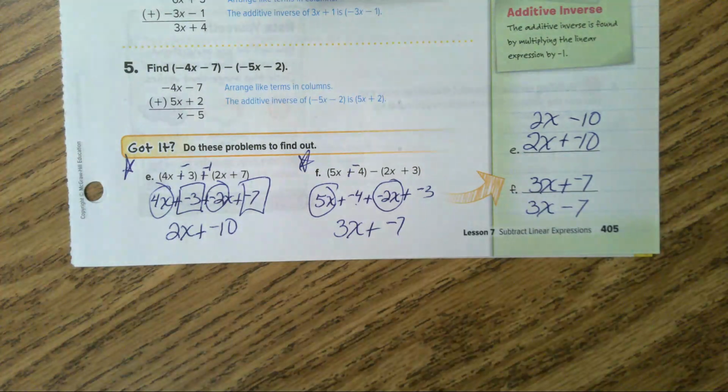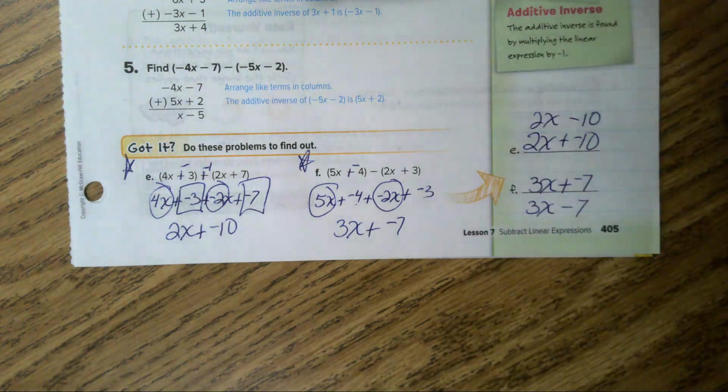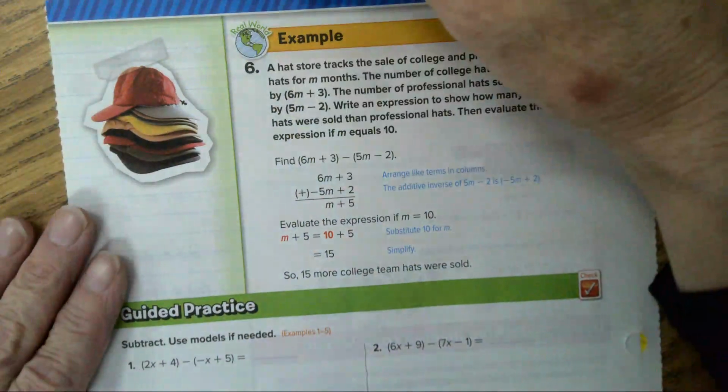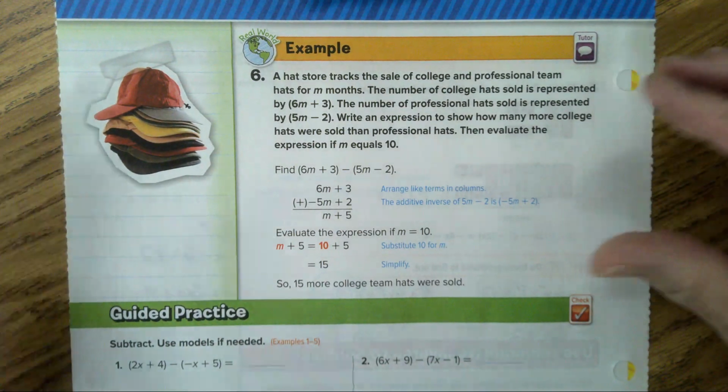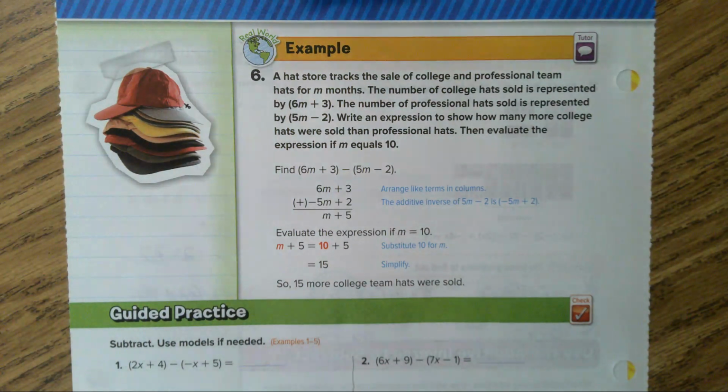Any questions? Good. Now we are applying this to word problems. Let's go to page 406. We're going to be focusing a little more on word problems here in the future. It's a long word problem, but you can do it. Here we go. A hat store tracks the sale of college and professional team hats for M months.